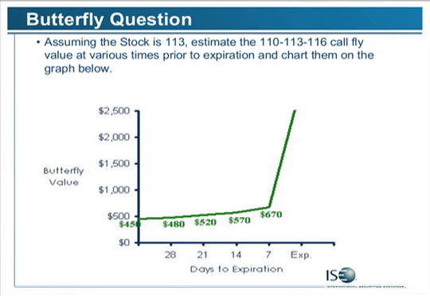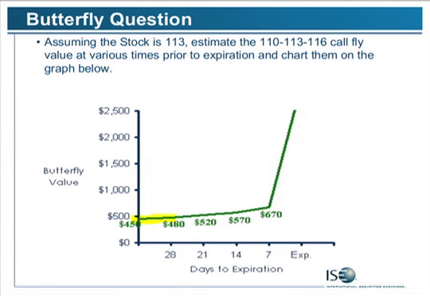All right, so if you put on this trade, and the value was 45-cent debit, right, or $450 per 10-contract trade, and that was 32 days to expiration.